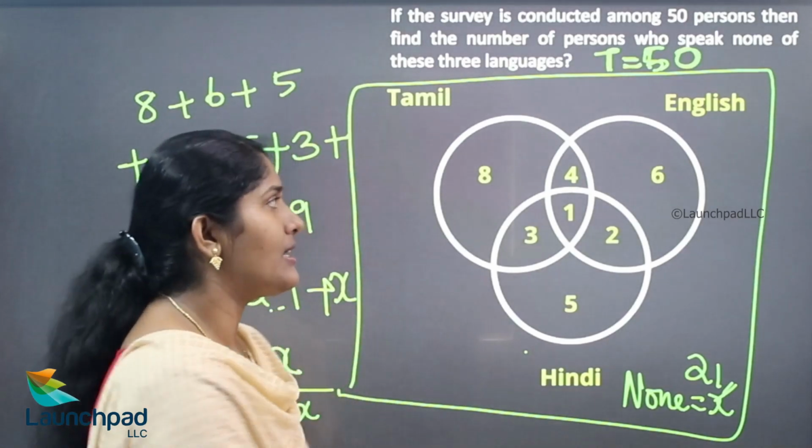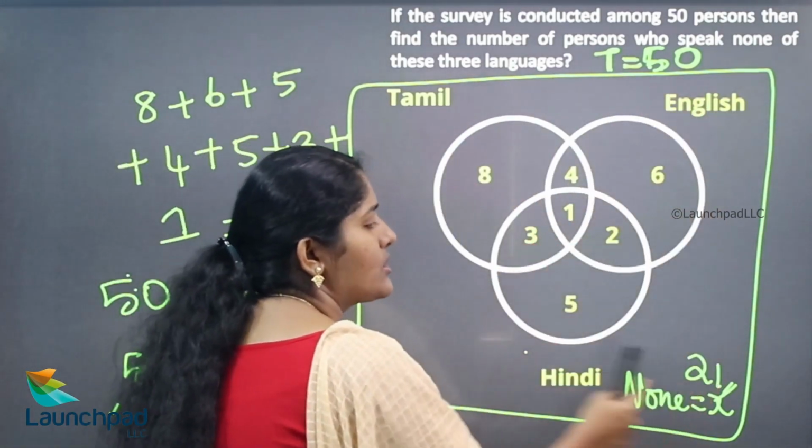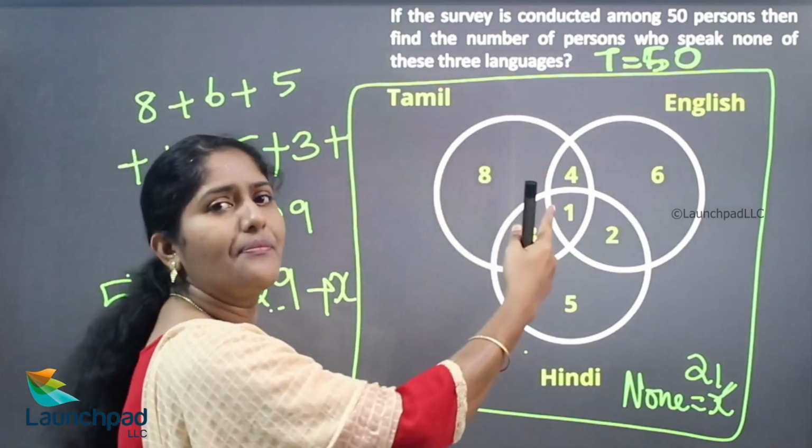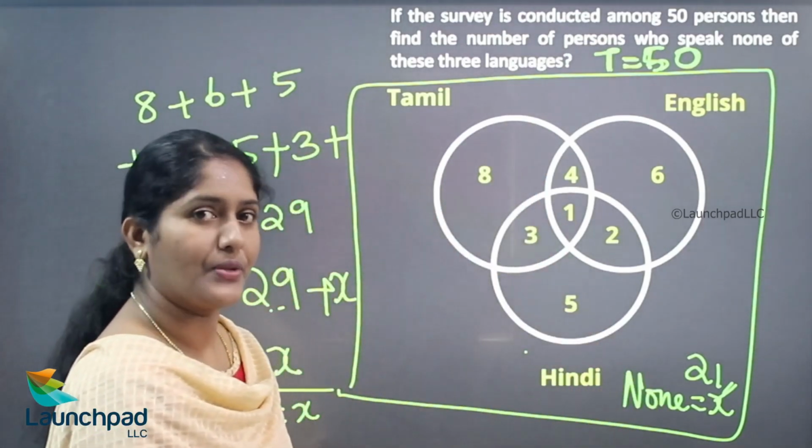You can always use this idea. The value inside the box should not exceed 50. If it does, that difference is our unknown value. Okay, this is how we can solve Venn diagram questions. Thank you for watching.